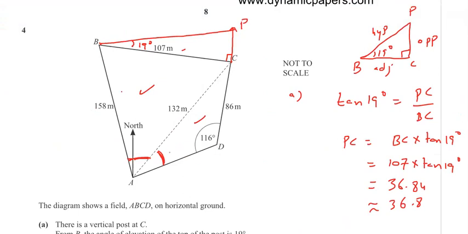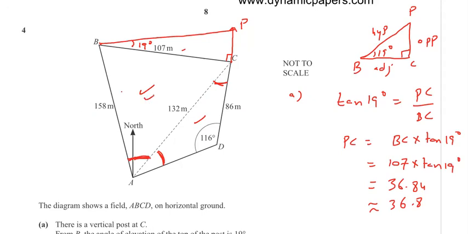For this triangle, if we have two sides, we need the angle between them, and this angle we already found, so easily we can find the area.